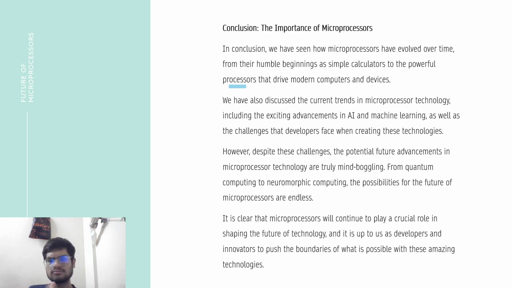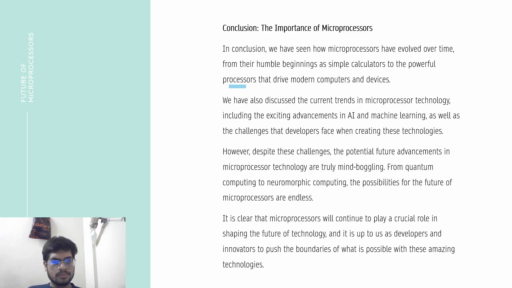We can all agree that the future of microprocessors is very nice. It is clear that microprocessors will continue to play a crucial role in shaping the future of technology, and it is up to us as developers and innovators to push the boundaries of what is possible with these amazing technologies. We are the developers, we are the innovators, and we must think deeply about how we can make this technology better and better for a good future or a good tech discovery.